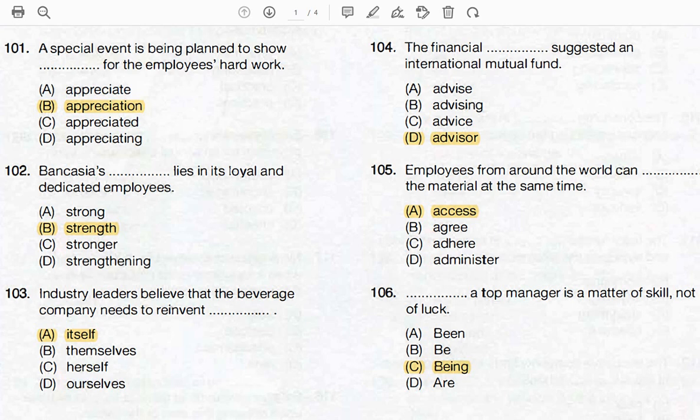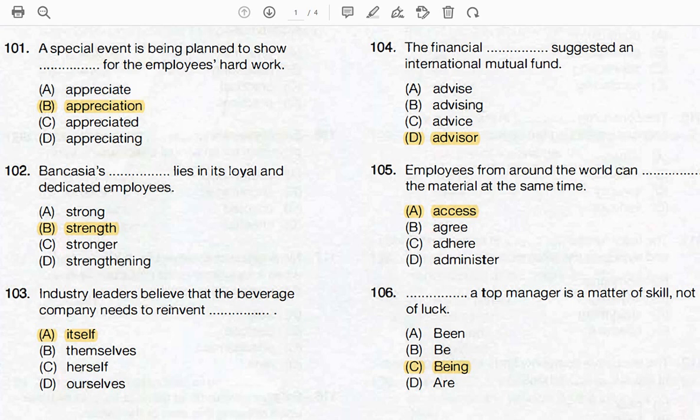Actually, strength, the noun form, is required as the subject of this sentence. Strong is an adjective. Stronger is the comparative, and strengthening, gerund, is a participle.